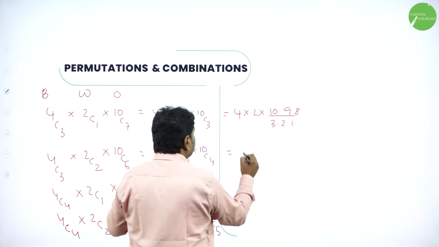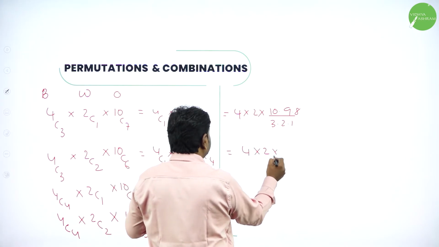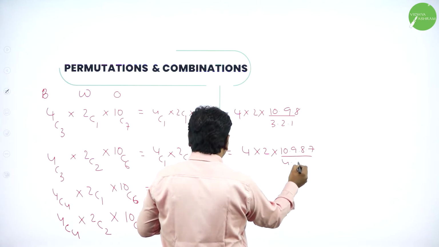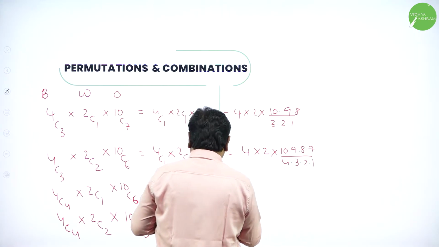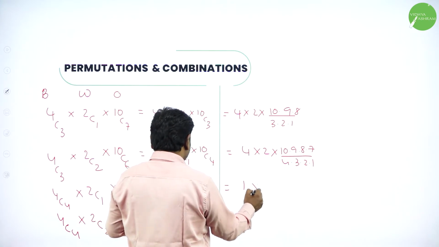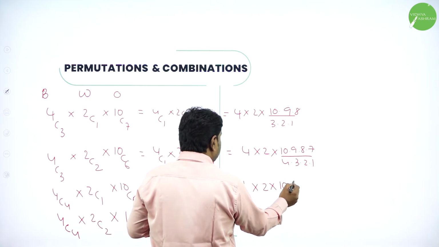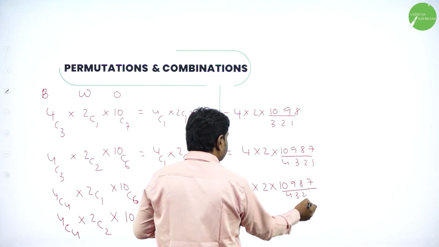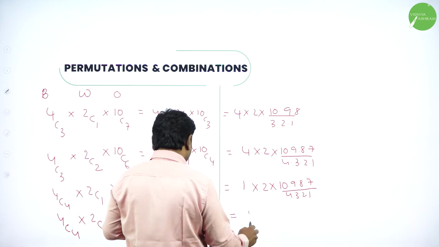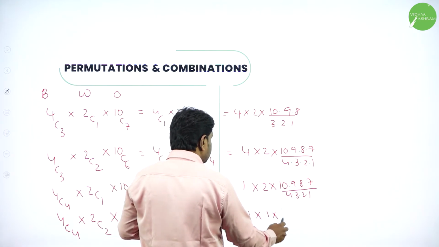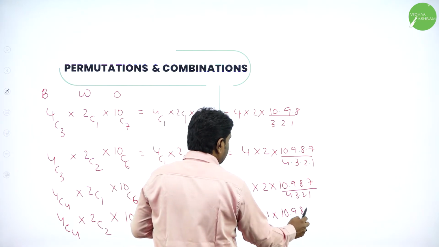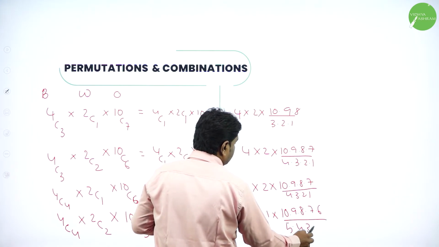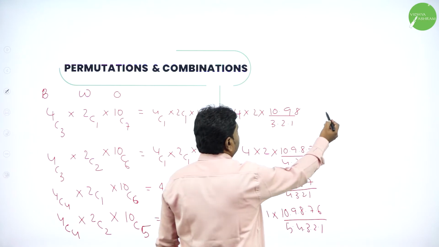Here 4C1 is 4, 2C1 is 2, 10C4 means 10, 9, 8, 7 divided by 4, 3, 2, 1. Then 4C4 is 1, 2C2 is 1, 10C5 is 10, 9, 8, 7, 6 divided by 5, 4, 3, 2, 1. Now we'll simplify this.